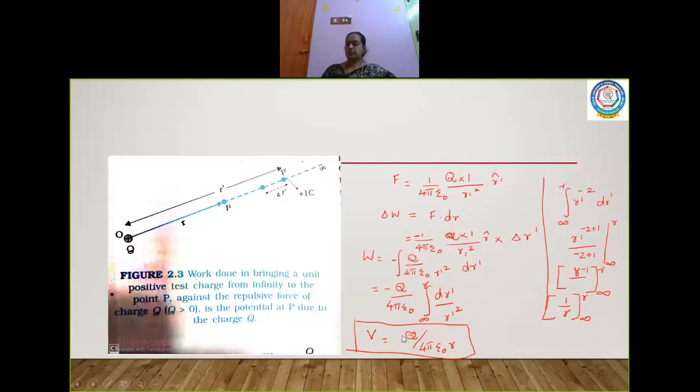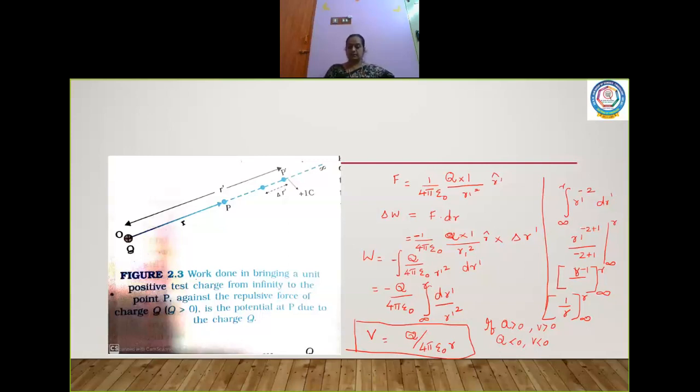Okay, so if q is greater than 0, potential also will be greater than 0. If q is less than 0, potential also will be less than 0. What is the meaning of q less than 0, V less than 0?